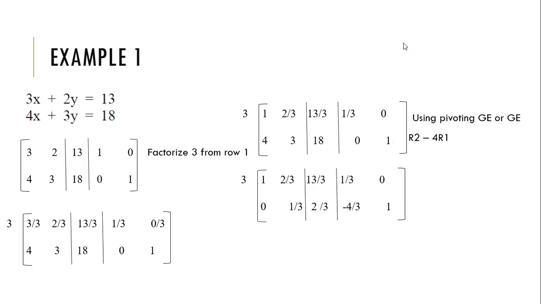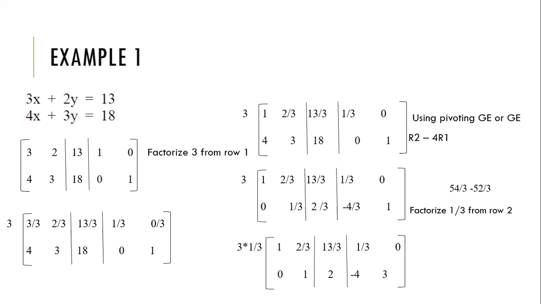The next operation is to factorize 1 over 3 from row 2. Once we do that, this is what we're going to get. 1 over 3 from row 2 gives us this side to be 1.